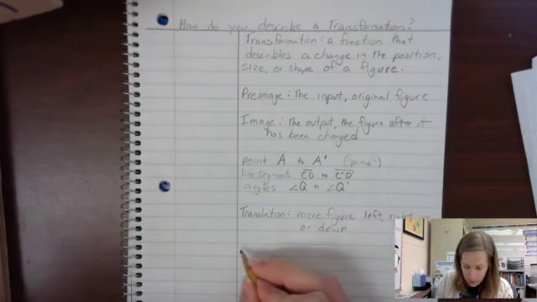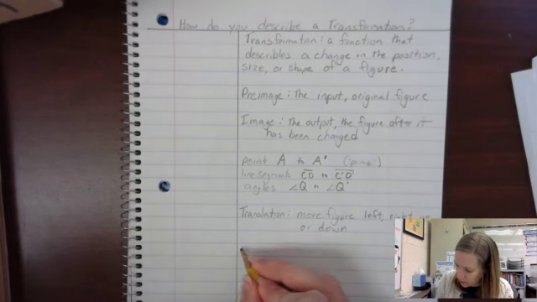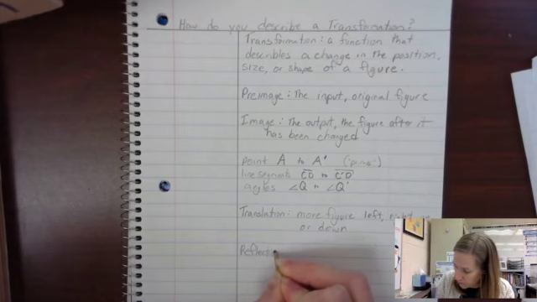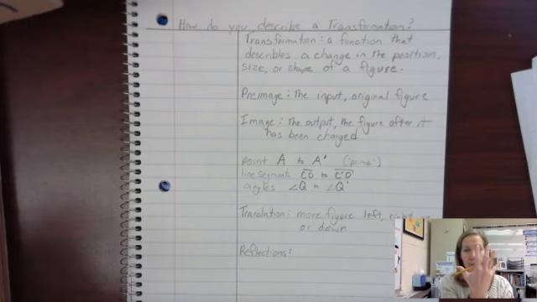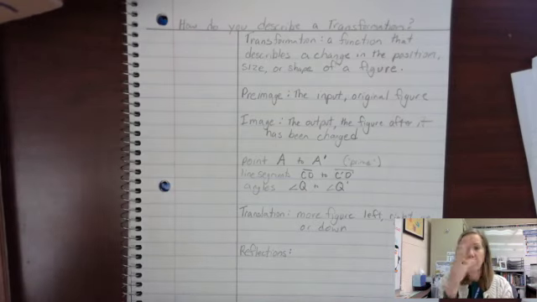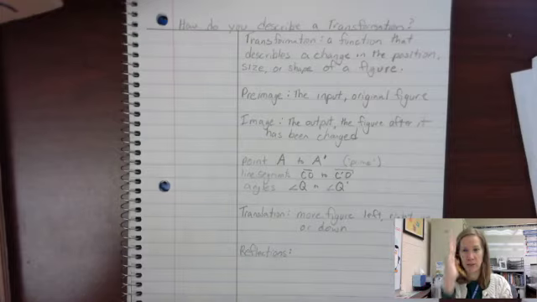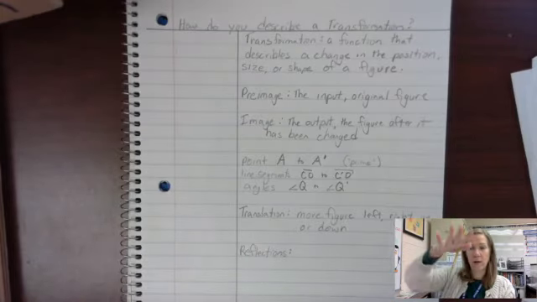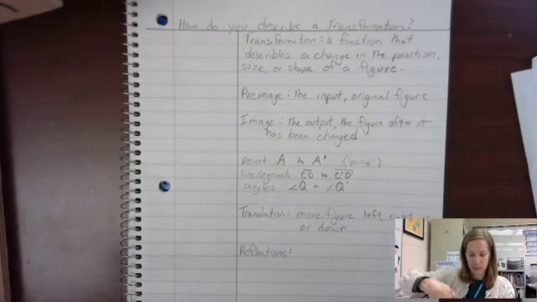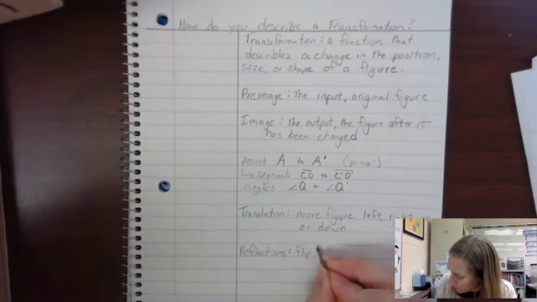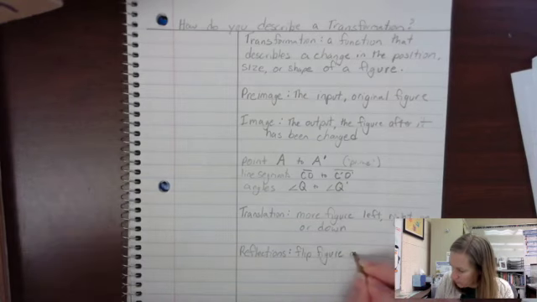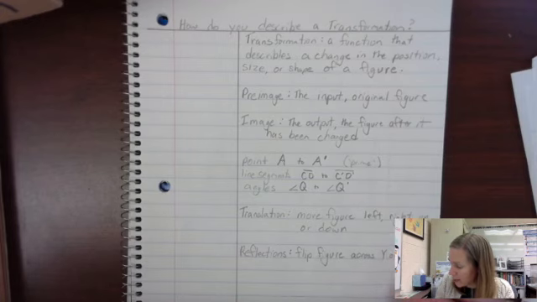You also get reflections, and reflections flip the image, and you can flip left and right across what you would say was the y-axis or across the x-axis, so flip up and down. So flip across y or x-axis.